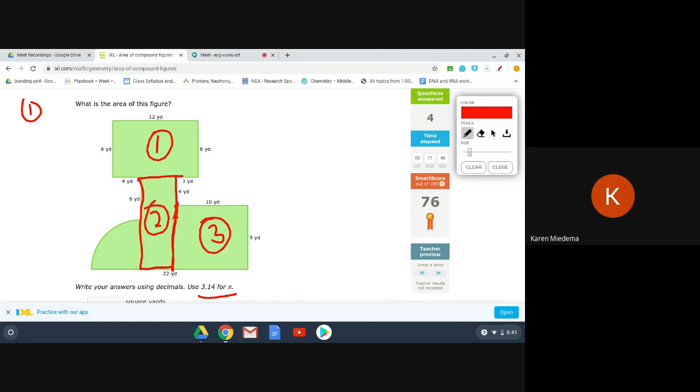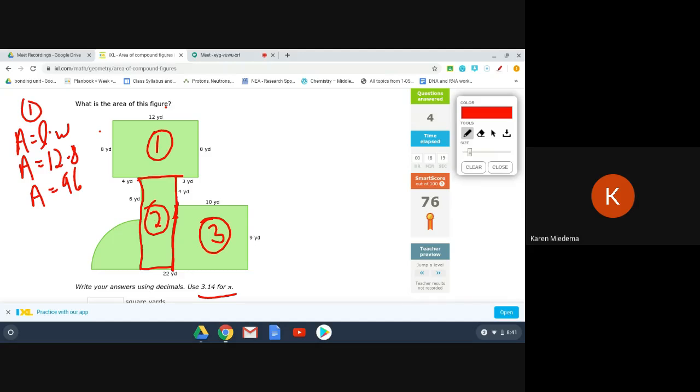For the first rectangle, I have 12 by 8. 12 times 8 is 96. For the second rectangle, just got to be careful about getting your measurements because you don't have those measurements given to you.